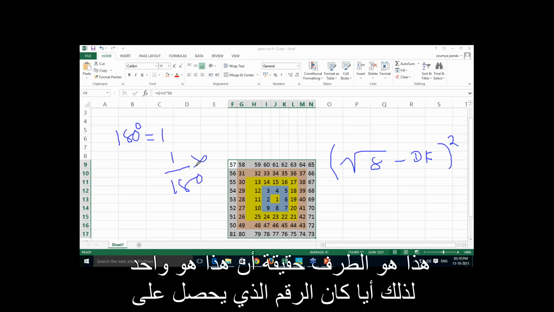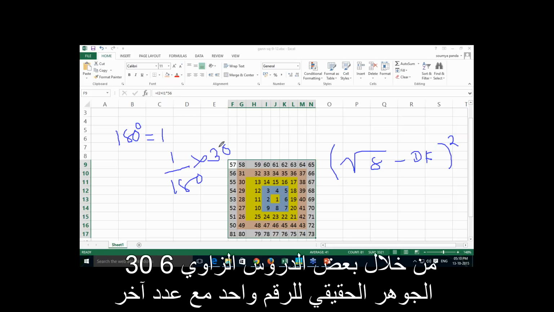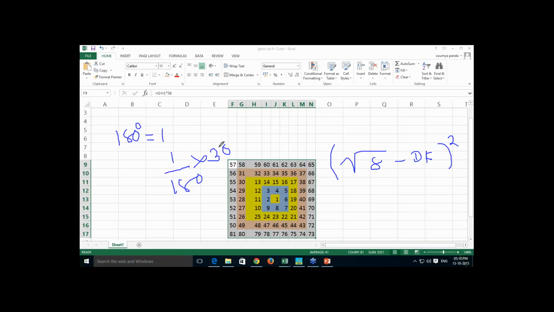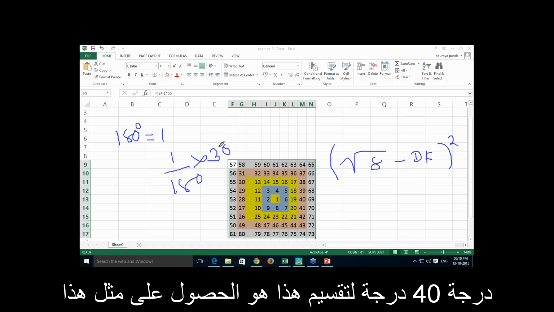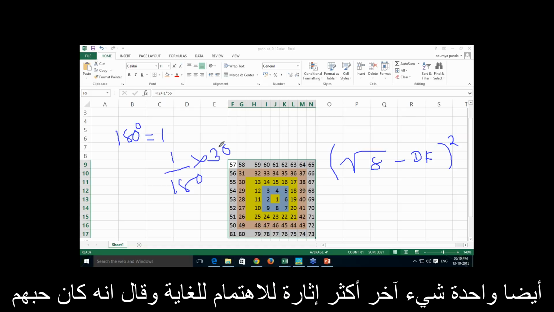So whatever number you are getting, that is the 30 degree factor. This is one relationship of one number with another number through some angular relationship, 30 degrees, 40 degrees, 45 degrees, 60 degrees, like this.